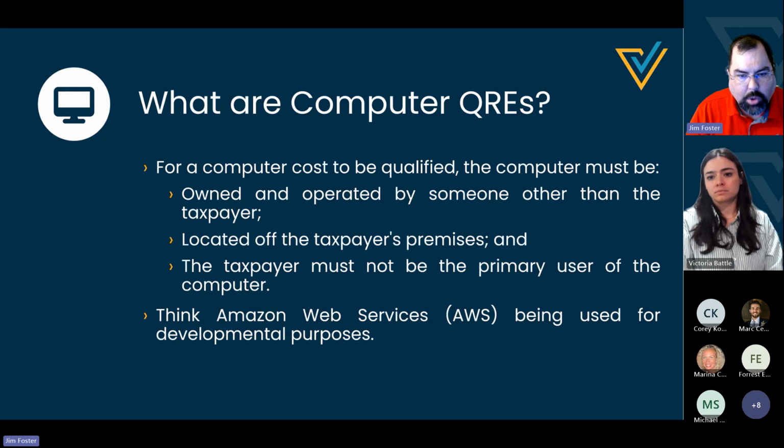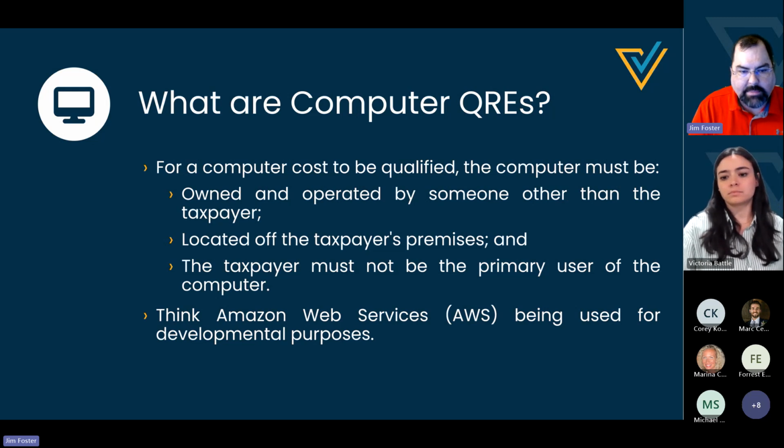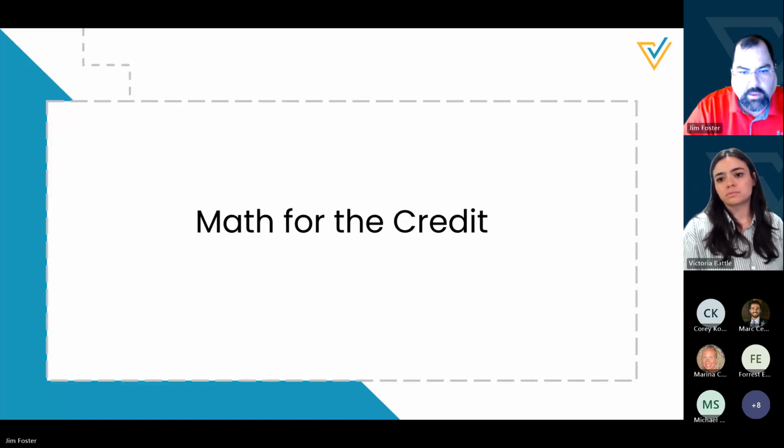For a long time, nobody touched this. But then we've gotten into the world of cloud computing now, and it's very often that developers will use Amazon Web Services or something similar for developmental purposes. When you do that, you can capture that portion that's being used for developmental purposes towards the credit.